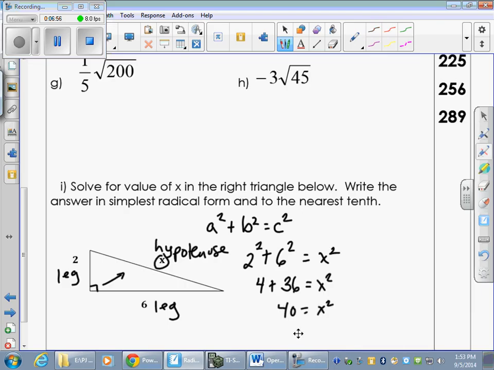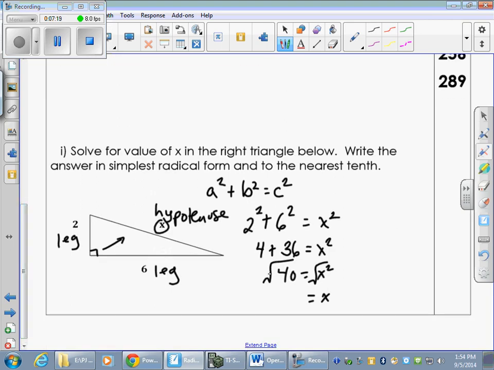Do you remember how to solve from this point forward? Pause the video and give it a try. Well, if you did the square root on both sides, you got it right. To solve x squared equals 40, we'll need the square root of 40, the square root of x squared. The square root of x squared is x. The square root of 40, well, that's an irrational number.